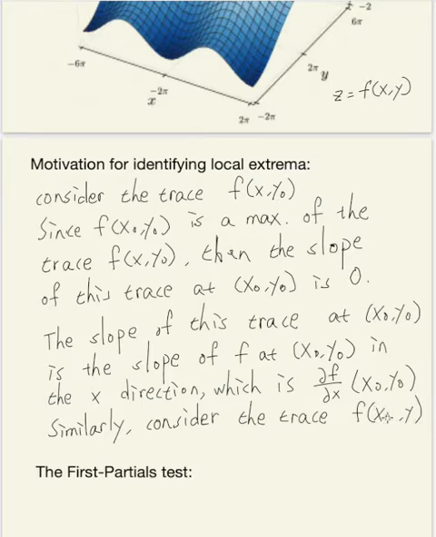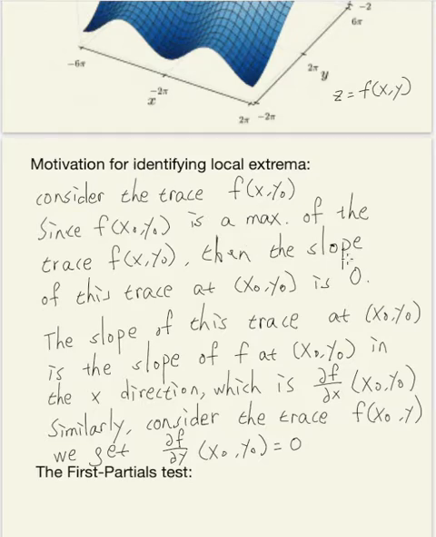Now we fix the x coordinate and vary the y coordinate. Following through the same argument, we get df dy evaluated at x naught, y naught equals 0.